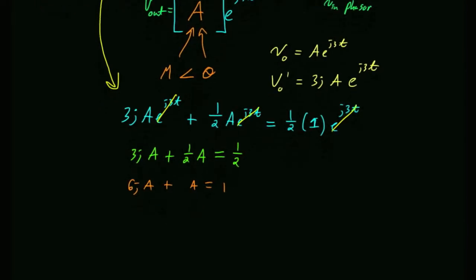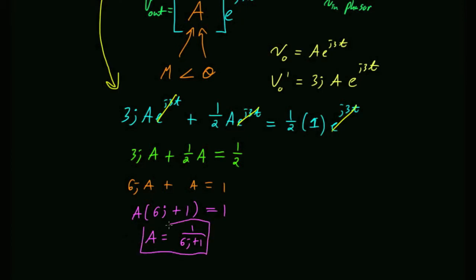Wow, it's getting easier. Did I do that right? Good. Factor out the A. So now I've got A times (6j plus 1) equals 1, and therefore A equals 1 over (6j plus 1).